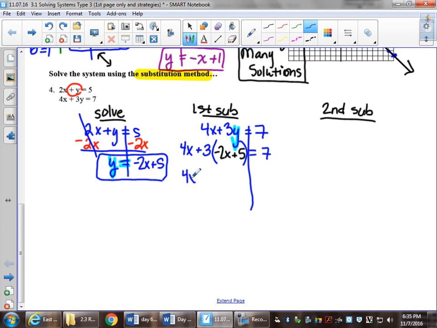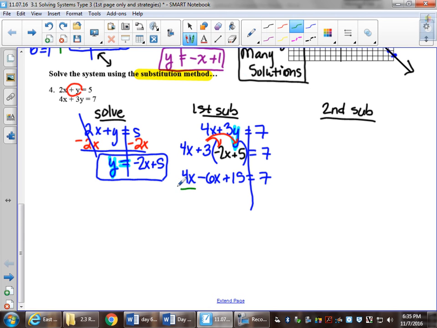Using your algebra skills, 4x will stay. We're going to distribute 3. 3 times negative 2x is negative 6x. 3 times positive 5 is a positive 15, equals 7.